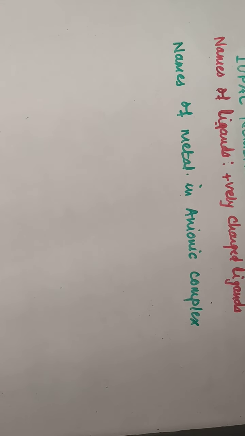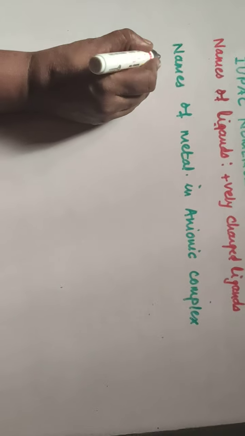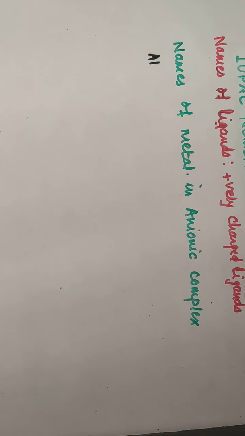So first we'll take the example of aluminium, Al. In the case of a negatively charged complex or anionic complex, the ending of the metal should end with ATE. That means you are supposed to add the suffix ATE to the name of that metal.